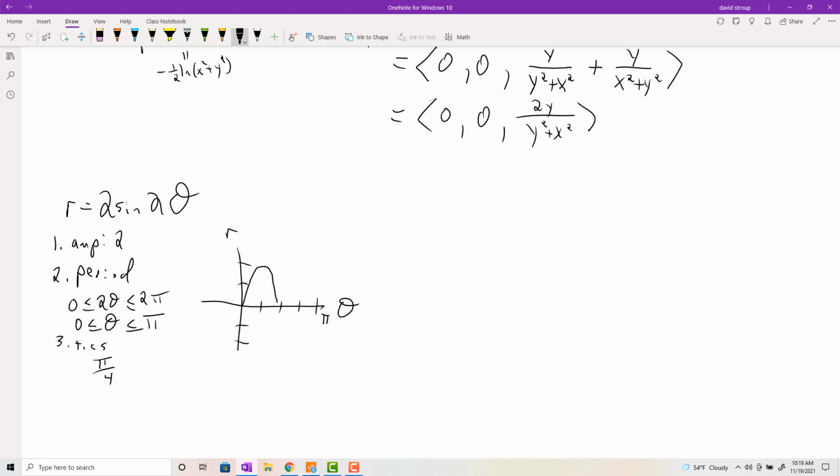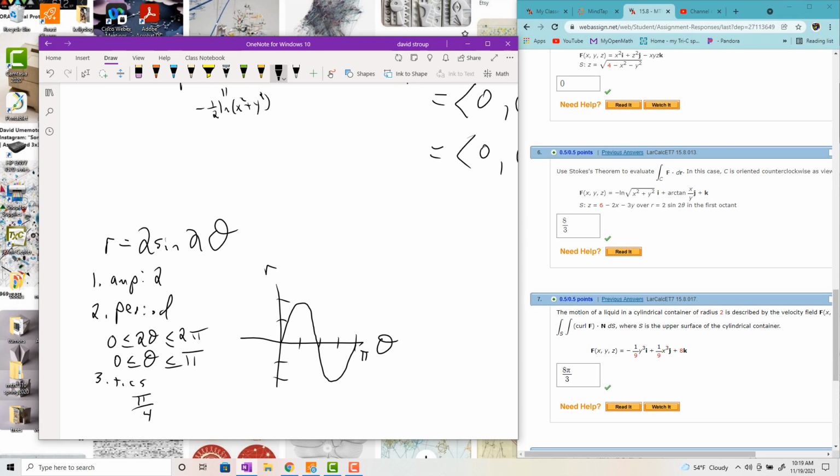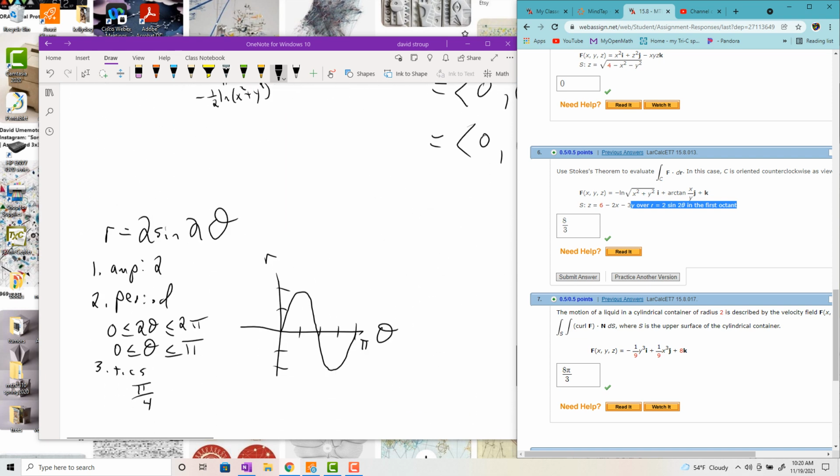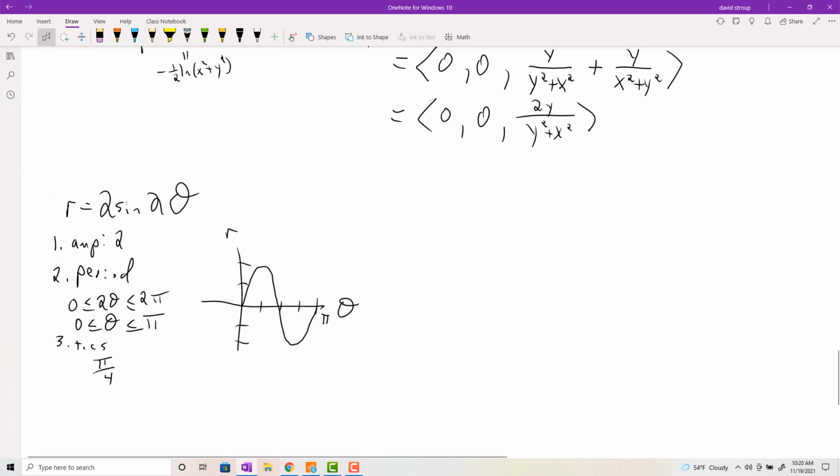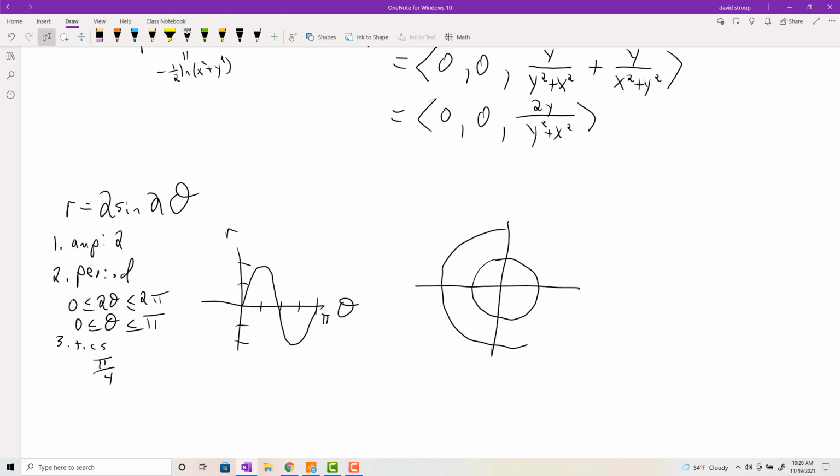But if you were looking carefully, I think we only need the first octant region. Yeah, so it says over the first octant. Okay, so you only kind of need the first quadrant that I'm integrating over. So to graph this thing, I go to the xy plane, put some helper circles in there, and then draw some angular lines at pi over 4. So at pi over 4, 2 pi over 4, 3 pi over 4, 4 pi over 4, etc. Right?